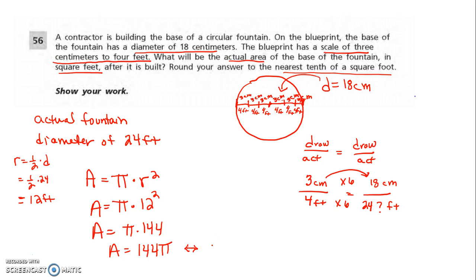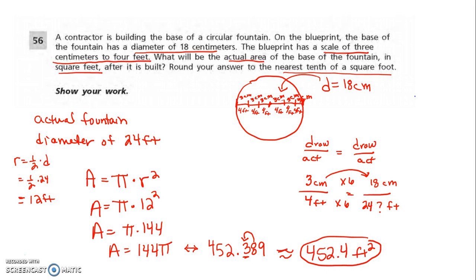So if I use my back and forth arrow, I come up with 452.389, and so on. I want to round to the nearest tenth of a square foot. So here's the nearest tenths place. The big question, is this closer to 452.3 or 452.4? That 8 in the hundredths place says that this is definitely closer to 452.4. That 8 will bump it up. So this is approximately 452.4 square feet.